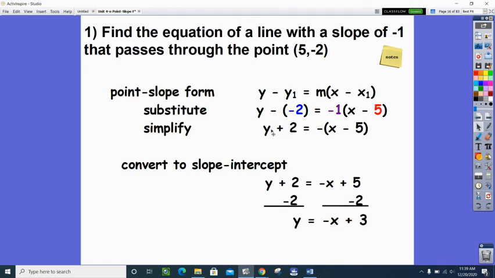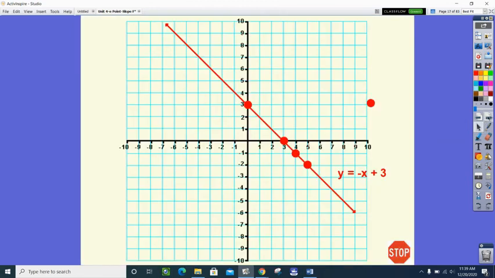So here would be the cleaned up point-slope form, and here would be the slope-intercept form. And if we wanted standard form, you would just add x, and you'd have x plus y equals 3, right? So those are all three forms come off of this point-slope form. And here is the line, y equals -x plus 3.